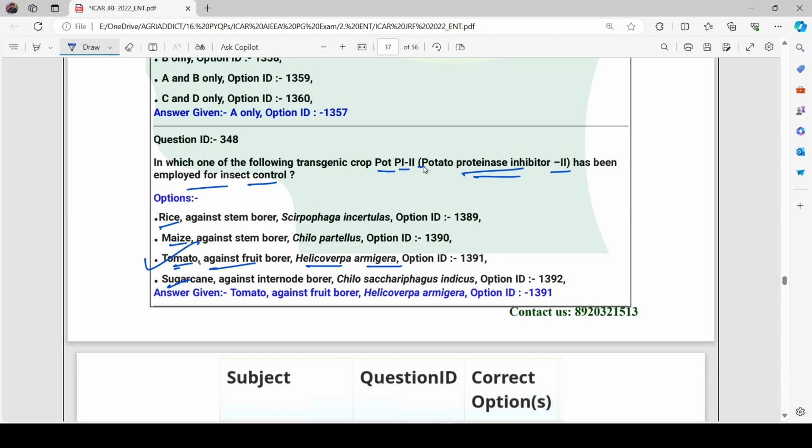So just go with the similarities of the crops or with the families of the crop, and you can easily answer the questions. So just read the questions very carefully and very attentively, then see the options, and then try to match the question with the answers, then you will surely find the answer very easily. So here tomato, that is option C, it is the correct answer.